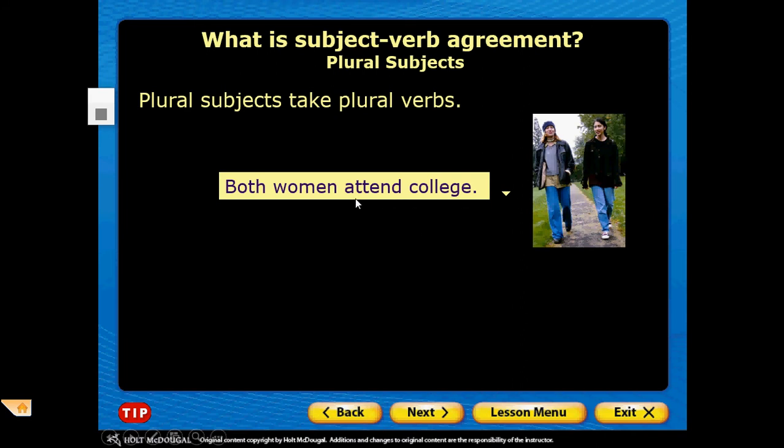And what do they do? Attend. So where is the verb? Attend. Right? Have we added S to the verb here? No. Because the subject is plural. Absolutely right. So the S, which signals a singular verb, disappears here. Why? Because we are talking about a plural subject here.